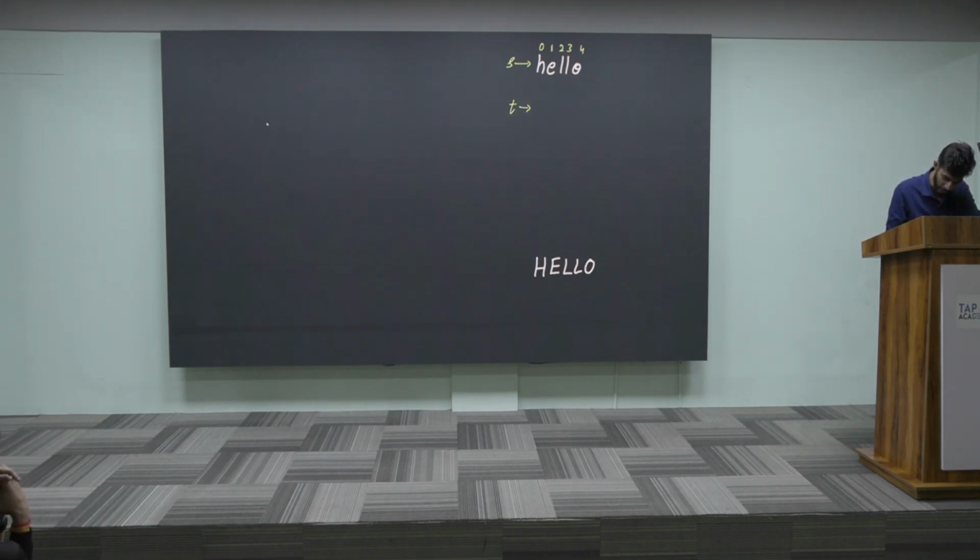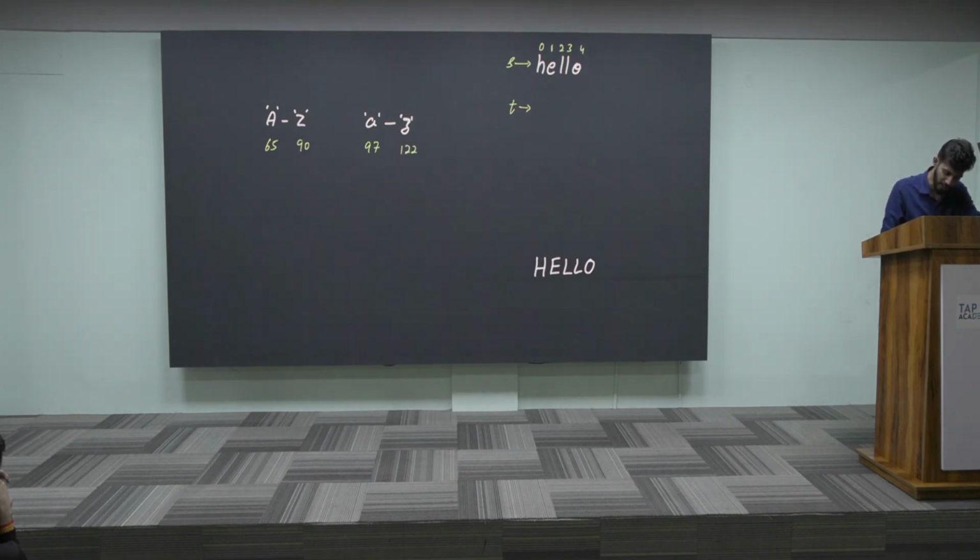So the ASCII value of uppercase A to Z and lowercase a to z is something we need to know. What is the ASCII value of uppercase A to Z? 65 to how much? 90. Okay. And lowercase is 97 to 122.